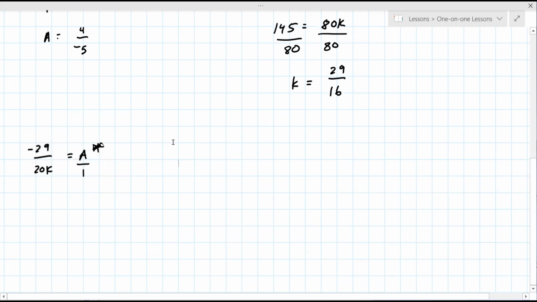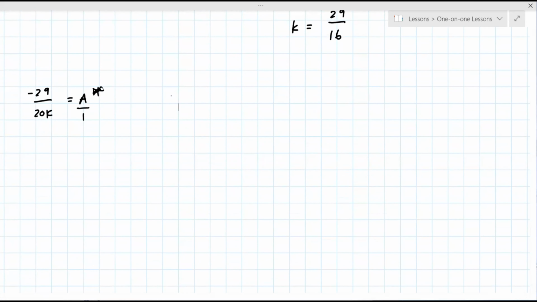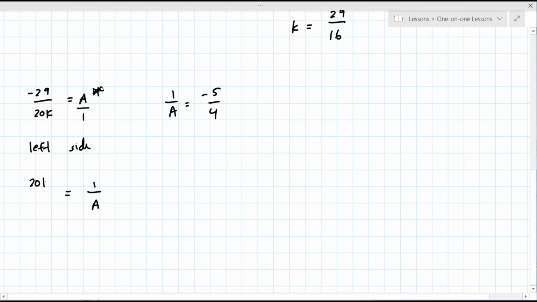So we know this, and we know from the problem that 1 over a equals -5 over 4. So on the left side here, you can flip the right side. If you flip the right side to make it 1 over a, you have to flip the left side to get 20k over -29.